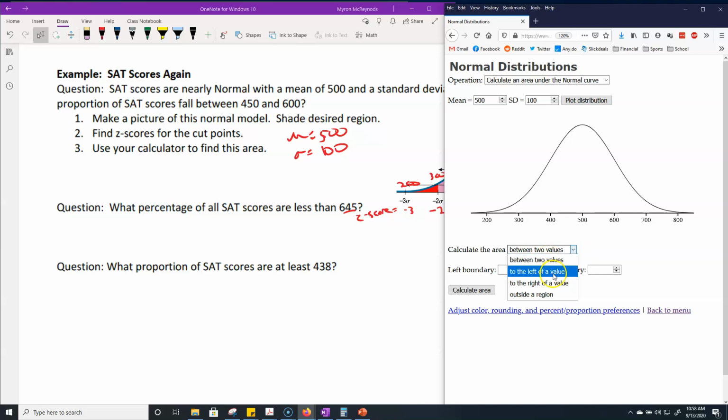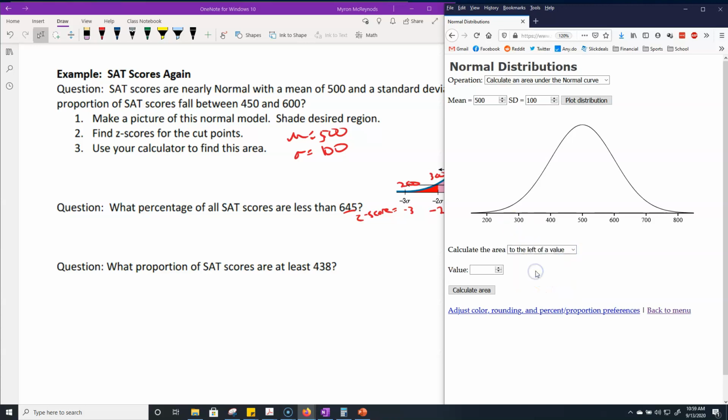To the left would be how many people scored less. Left is less than, right? To the left of the curve. The right would be how many people scored greater. And outside the region is outside of two values, like how many people scored less than 400 but greater than 600. It would be the two outside shaded regions.